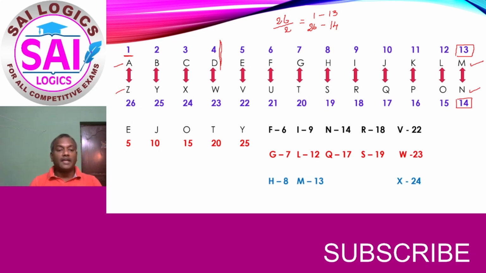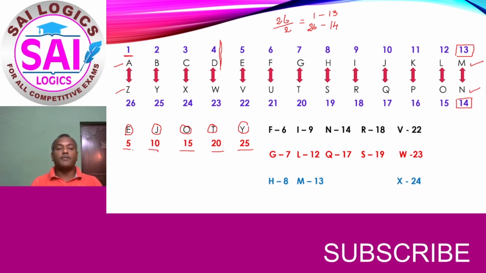For that, I am choosing the alphabets in the places of 5, 10, 15, 20 and 25. The only reason I have chosen multiples of 5 is that they are very easy to remember. The respective letters are: 5 is E, the alphabet in the 10th place is J, O is the 15th alphabet, T is the 20th alphabet, and Y is the 25th alphabet.